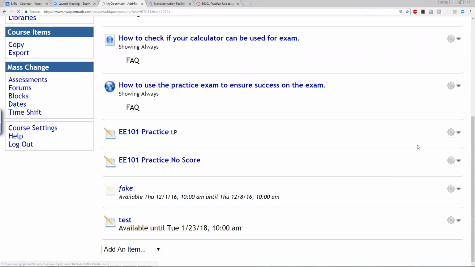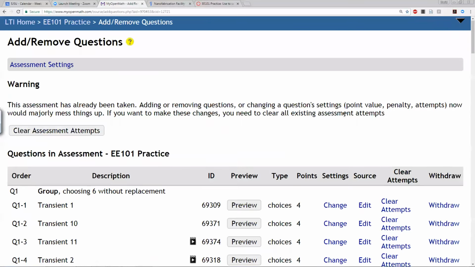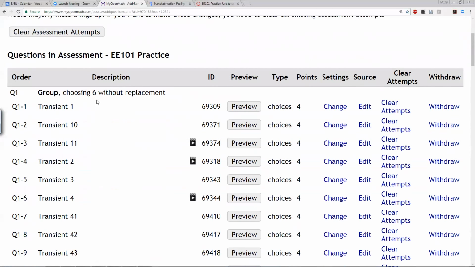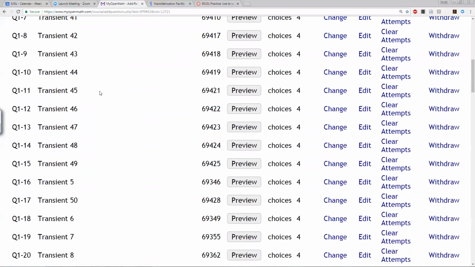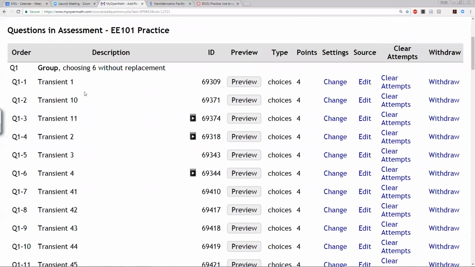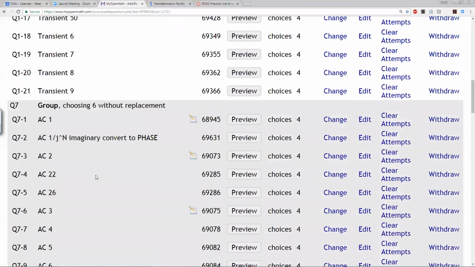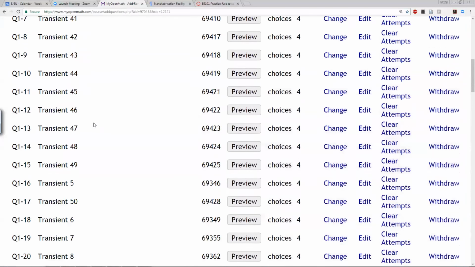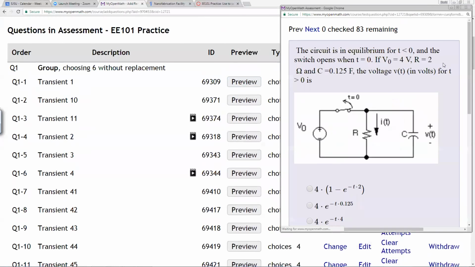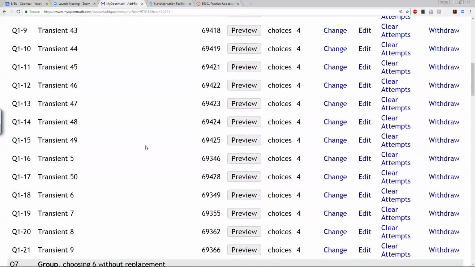The thought process is that there's group one, and it chooses 6 of these questions from here, and it doesn't repeat them, so without replacement. Then it will choose 6 of these, and the transient ones are first or second order.